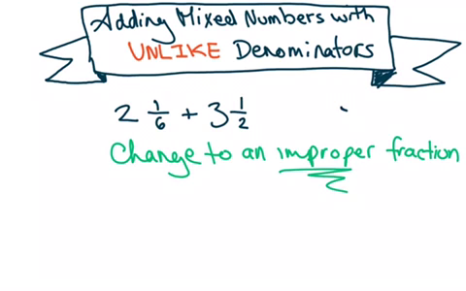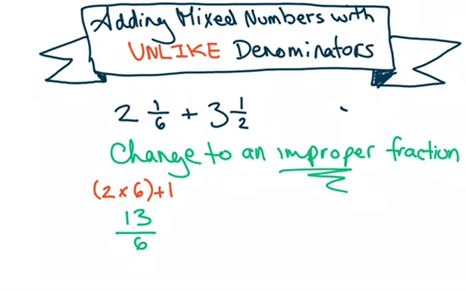Okay, so how do we do that? We do 2 times 6. And then we add the 1. That gives us the numerator for this problem right here. 2 times 6 is 12, plus 1 more is 13. And then the denominator becomes 6.